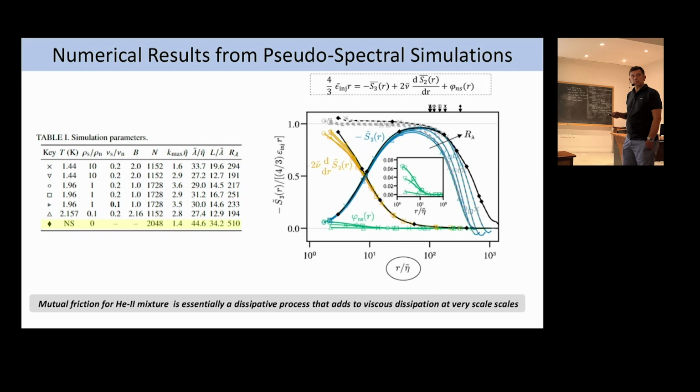And what you see is that for all the temperatures, all the scales collapse, and you only see differences in the dissipation range when you have a strong effect of the temperature. Depending on the temperature, you get different curves, and it also depends on what you put for the superfluid viscosity and the closure conditions you use, of course.